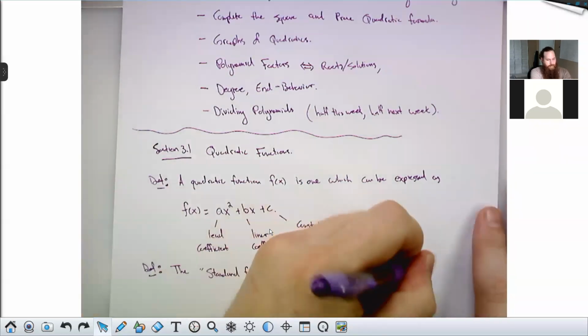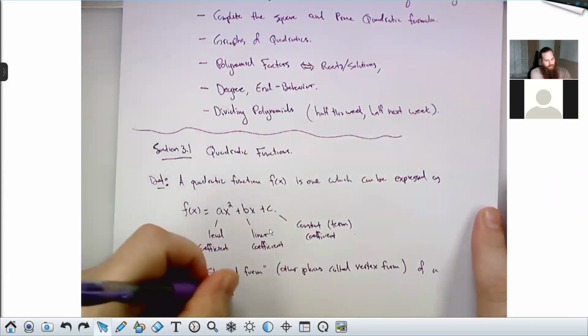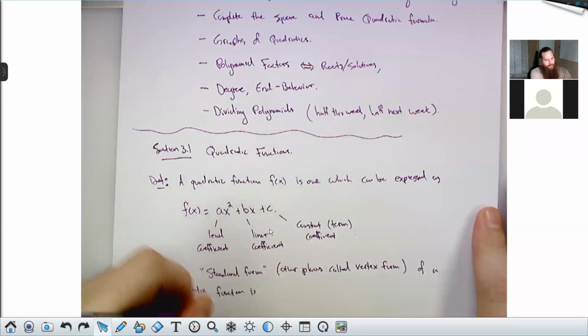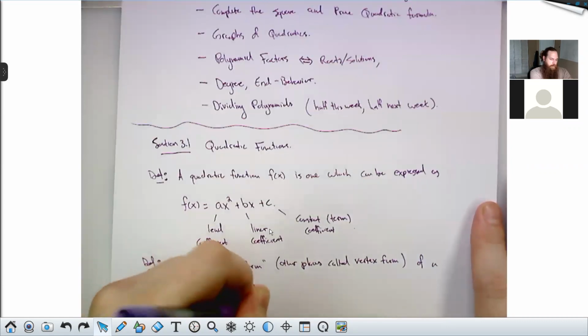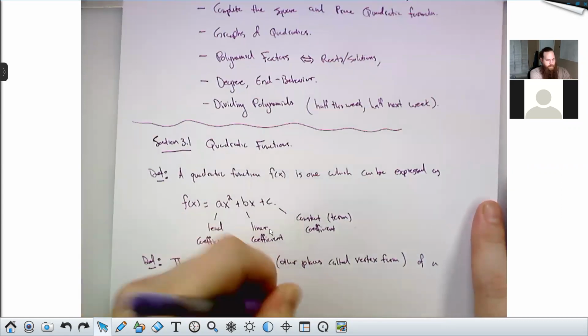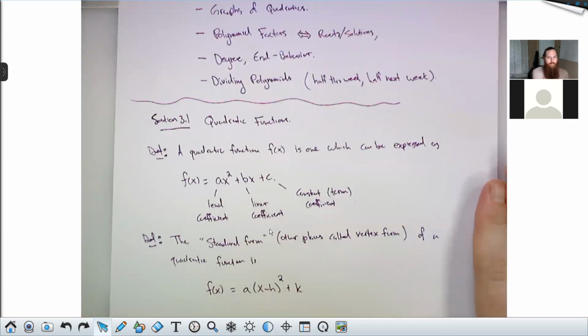A quadratic function is f of x equals a times x minus h squared plus k. Expressed is the word that comes after the word b in the first one. All right.